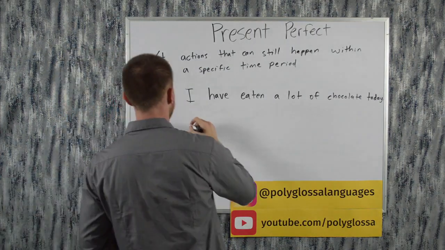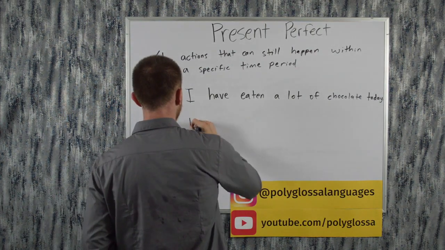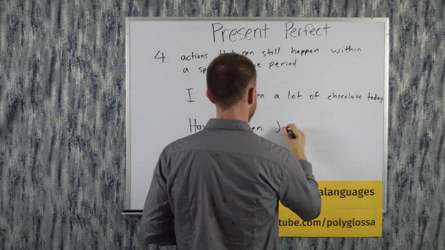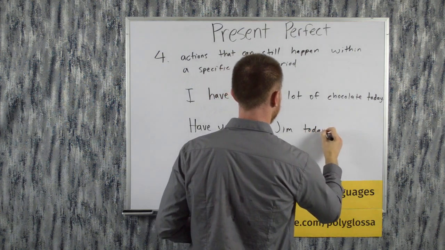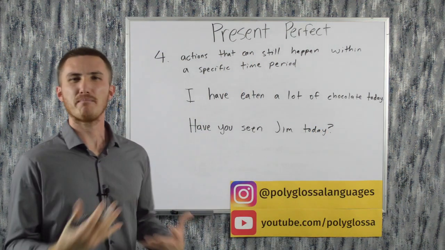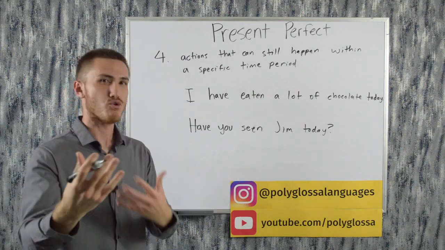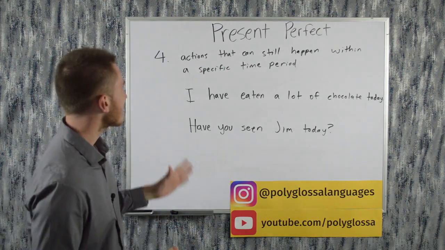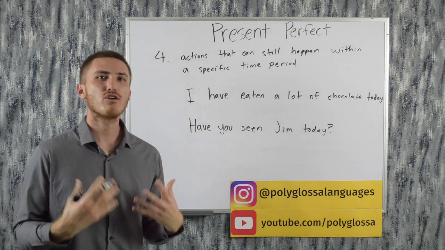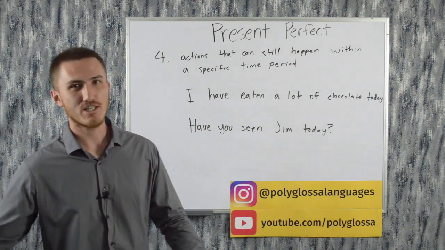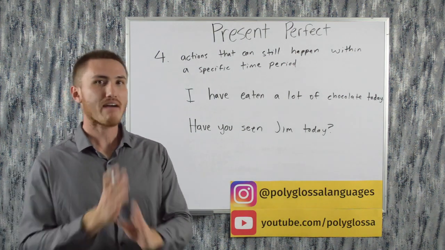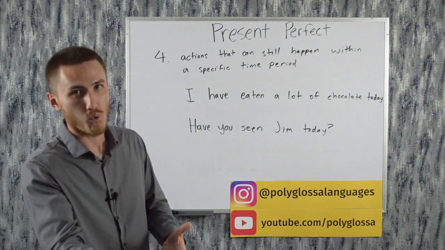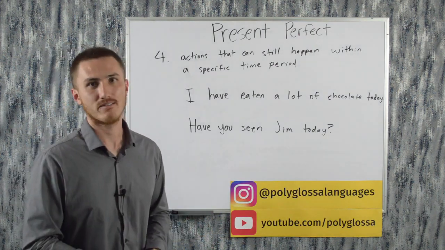Here's another example. If I ask you the question, have you seen Jim today? Okay, so here you can imagine maybe we're at work, you and I are coworkers, and I ask you, hey, have you seen Jim today? I would ask in the present perfect because you still have more opportunities to see Jim today. Maybe it's only halfway through the workday and you have more hours that you could see the coworker Jim at our workplace, right?